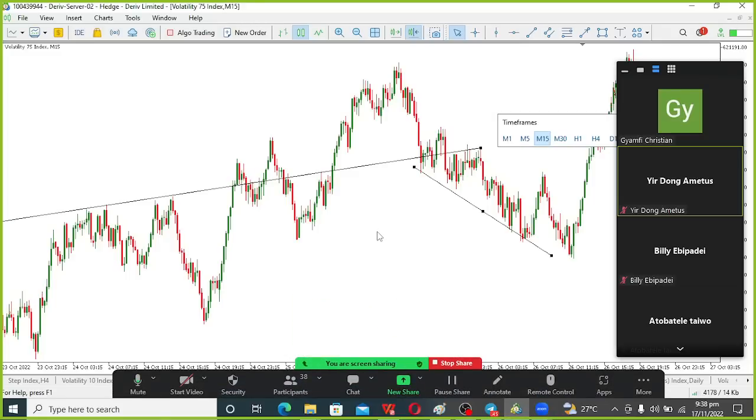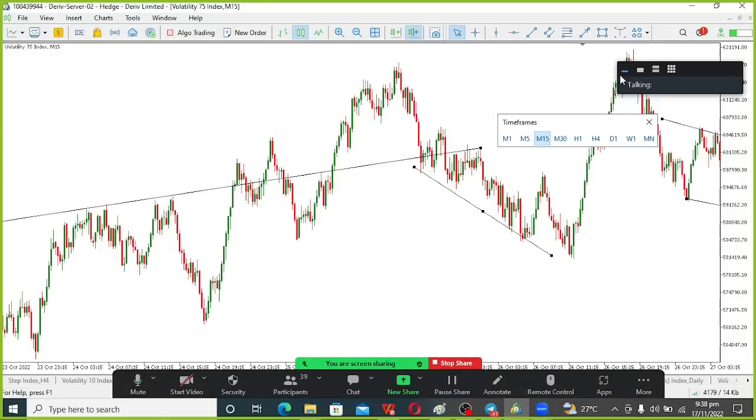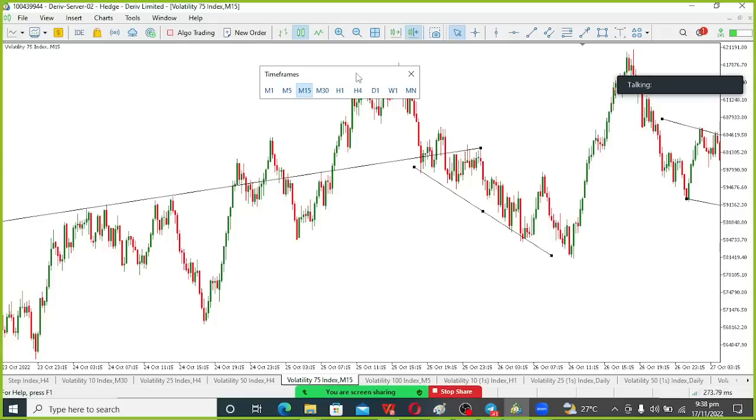Okay, so back to MetaTrader 5. So now I'm on 15 minutes, and I was saying that whenever you are drawing your trend line, it depends on your area of interest, what you want to cover.